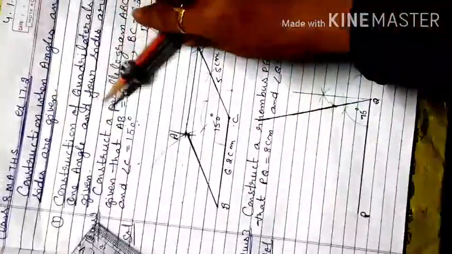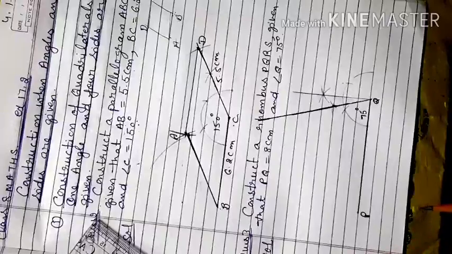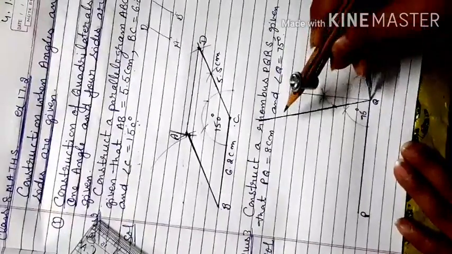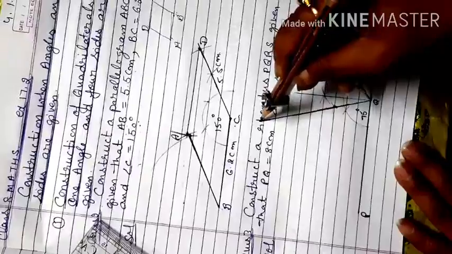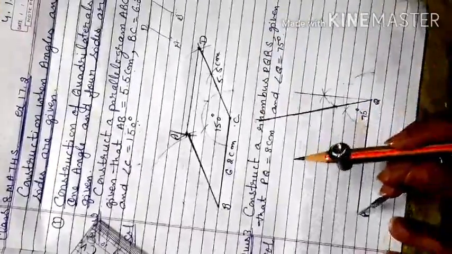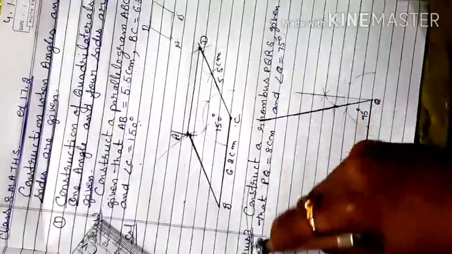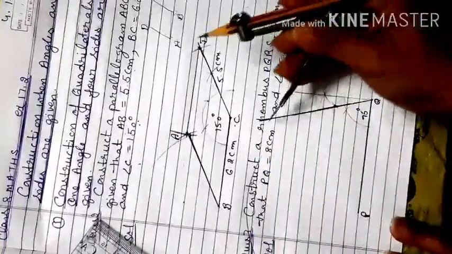Now to complete this quadrilateral, I just open the compass to 8 centimeter. I will mark an arc here with 8 centimeter and also from here with 8 centimeter.